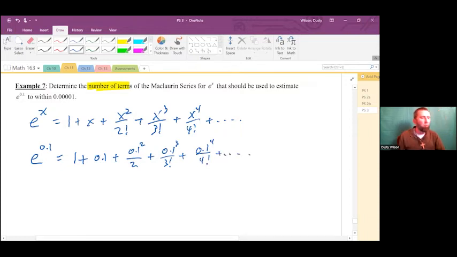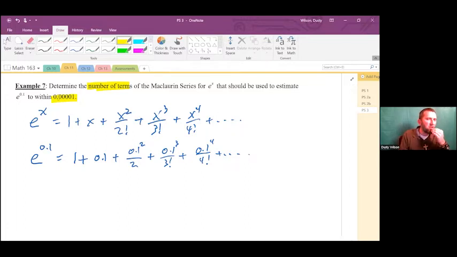But we want to know how far out we need to go to be within 0.00001 of the final result.